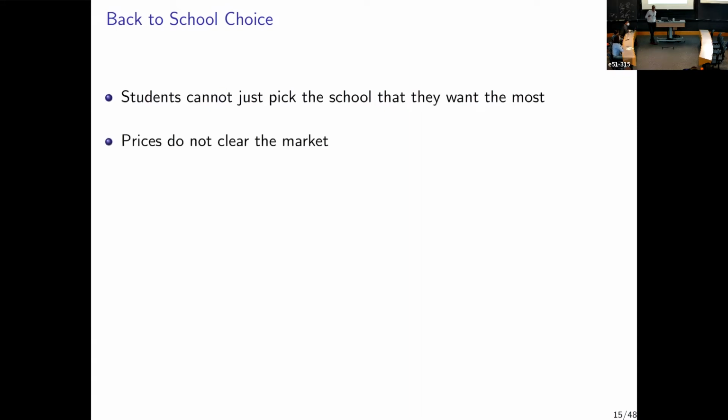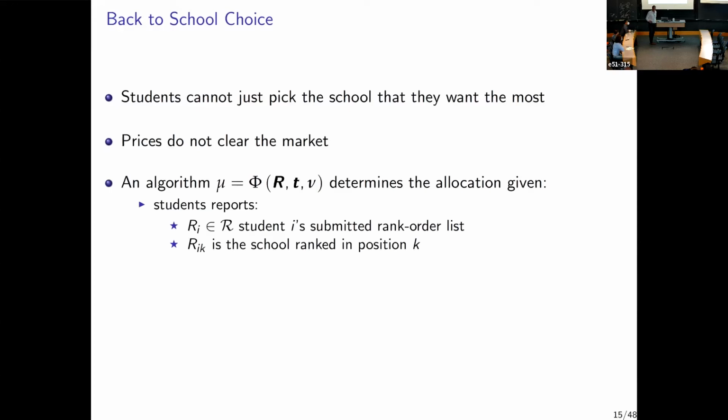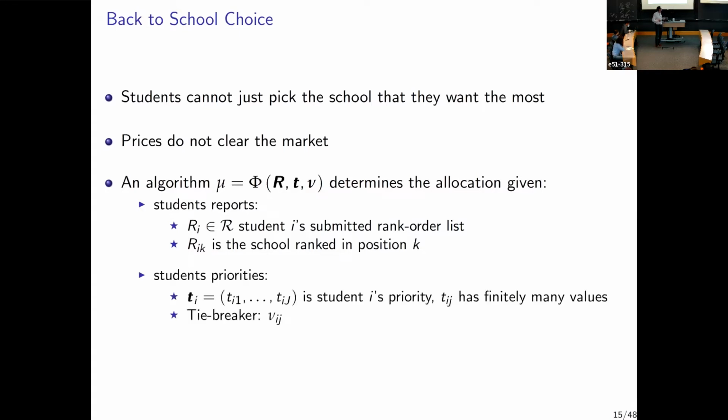Typically, schools are not going to have prices; they're going to have priorities, and there's going to be an algorithm that I'm going to define as capital Phi, that is going to take individual reports R, like aggregate over all the reports of all the students, a set of priorities T, and a set of random lotteries that I'm going to call here nu, that are going to determine the allocation. Okay, so that's what's going to be different: individuals are not going to be choosing just the school that maximizes the indirect utility.